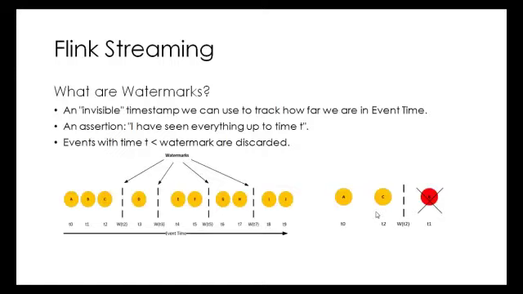We have events T0 and T2, and we had T1. Now T1, in theory, should have been included. But since it arrived late, after the watermark declared itself and said, I've seen everything up until time 2, T1, you're out of luck. I'm going to throw you away. Unless you do some things, and you can get around that if you want.